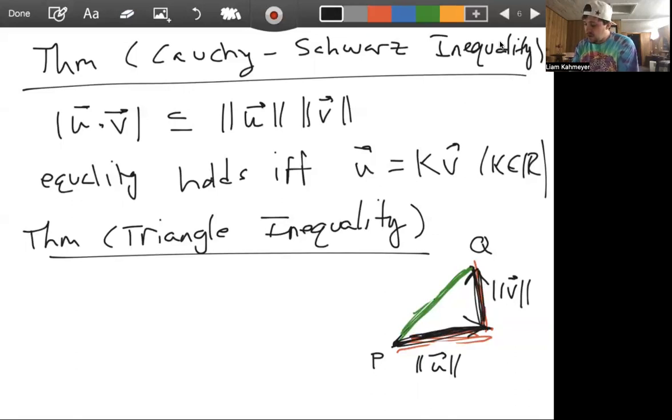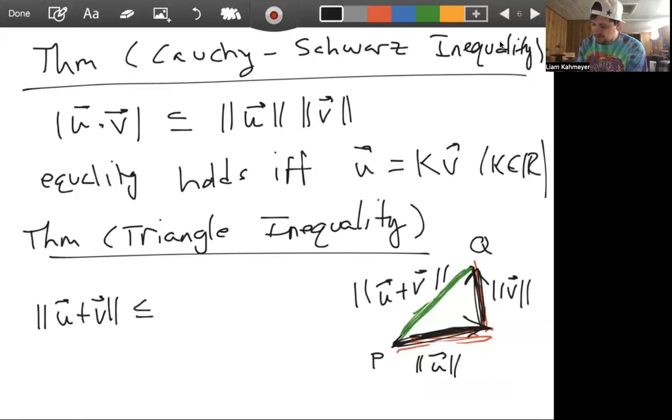Well, if you'll notice, the hypotenuse is the vector u plus v. And so the length of that is the magnitude of u plus v. And what the triangle inequality is stating here is that the magnitude of u plus v can never be bigger than the magnitude of u plus the magnitude of v. This over here was intuition. That certainly wasn't a proof. You need to be much more rigorous in a proof, but hopefully that gives us some good intuition.